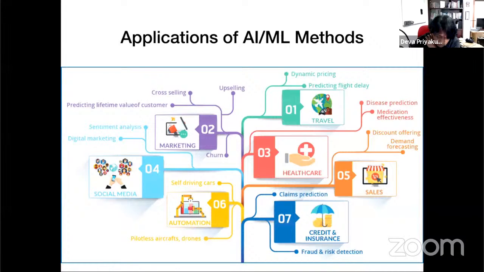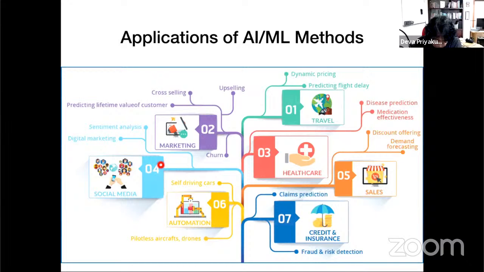Like travel, for predicting delays in flights, and coming up with ticket pricing, dynamic pricing of tickets. And in marketing and social media, suggesting friends, suggesting news or articles or videos. AI is used in a great way.